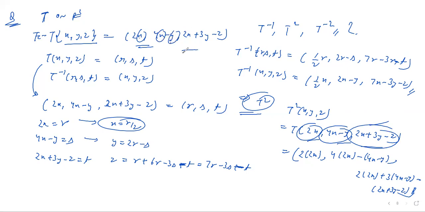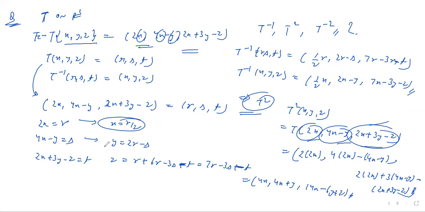Just putting the values, I got T square of x as (4x, 4x plus y, 14x minus 6y plus z). Okay, this is my T square.